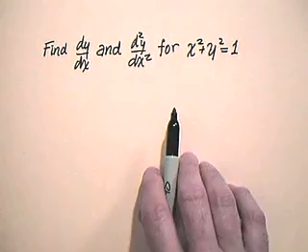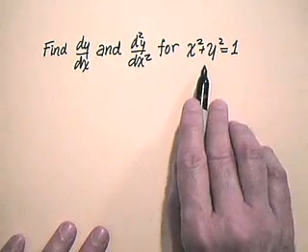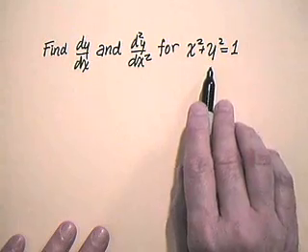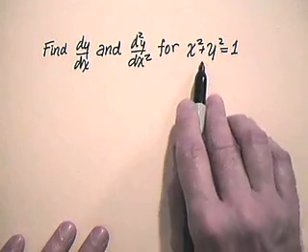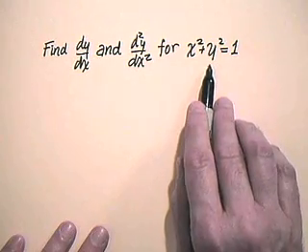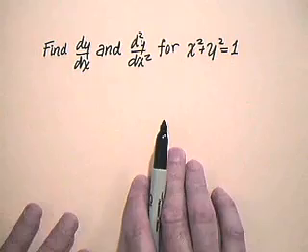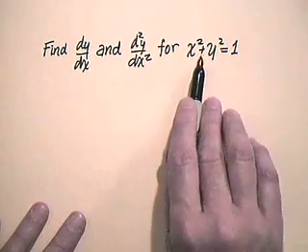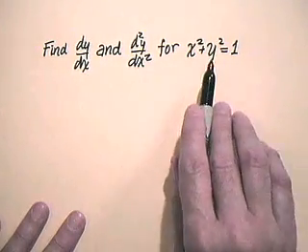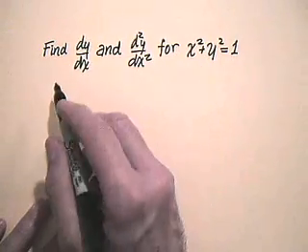That is, this equation x squared plus y squared equals 1 defines y implicitly as a function of x. Well, obviously we know that's the equation of the unit circle, and so y is either the square root of 1 minus x squared or it's the negative of the square root of 1 minus x squared. But in any case, let's see how implicit differentiation works here, and in fact it makes it easier to differentiate.